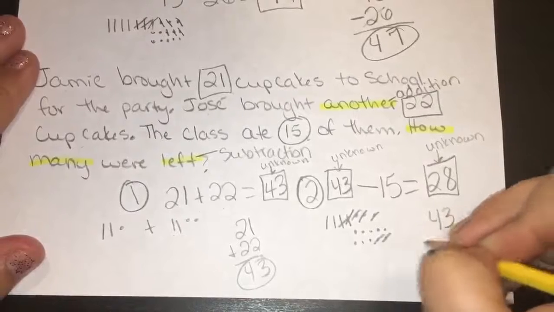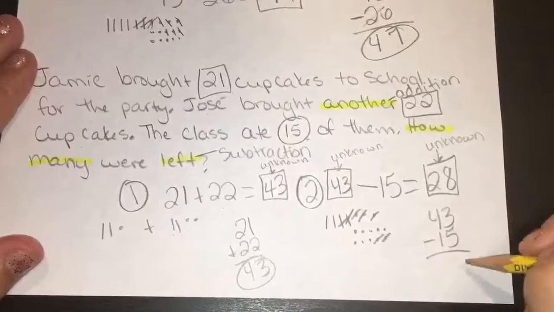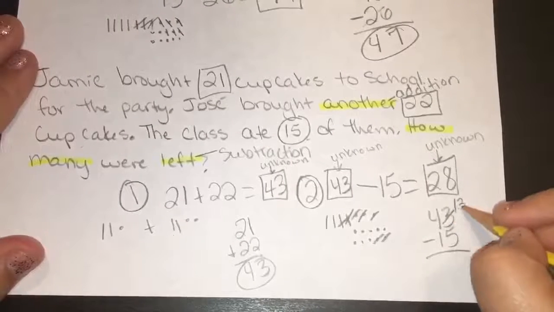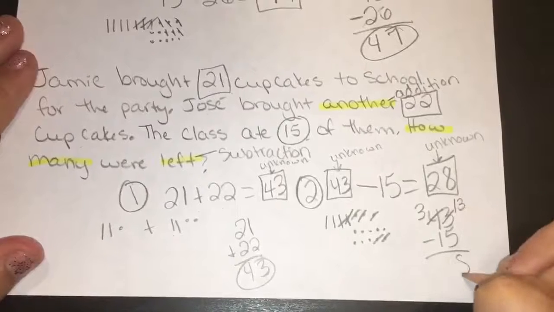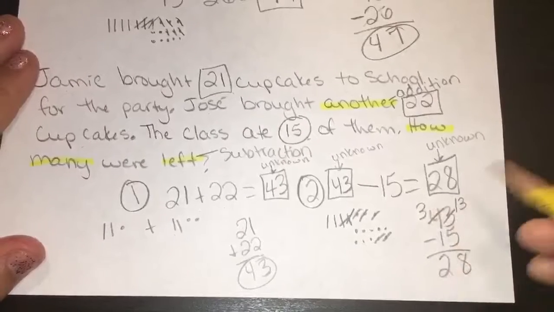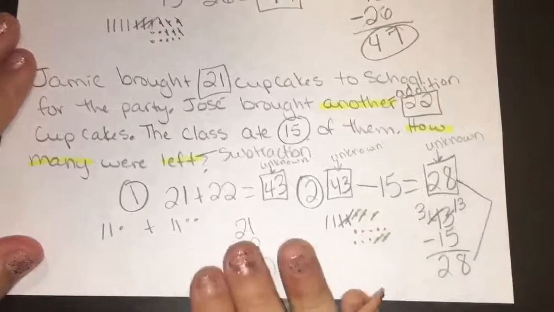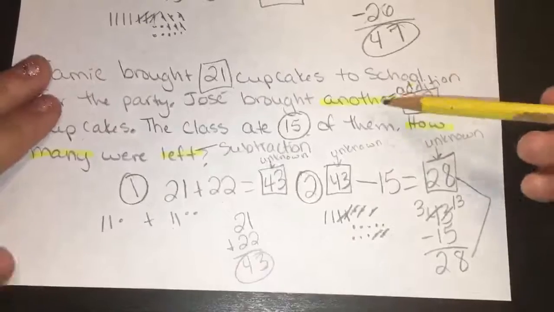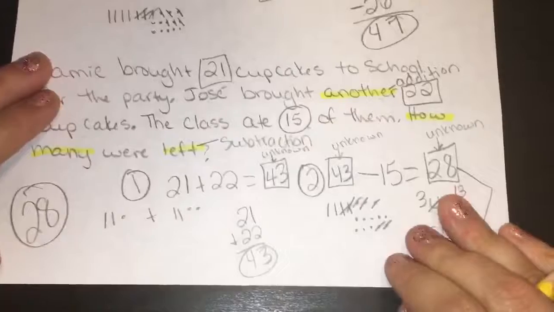Let's double check our math. So you have more on bottom, so you have to borrow from your neighbor. 5 from 13 is 8, and then 1 from 3 is 2. Our answers match. So our answer for this two-step problem is 28.